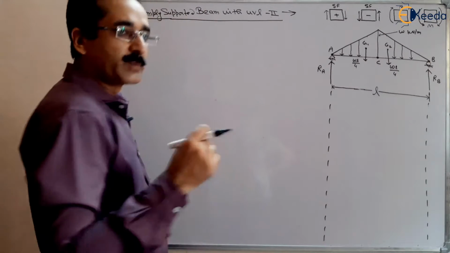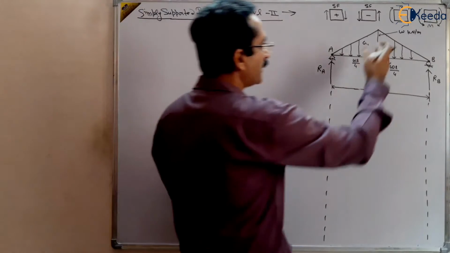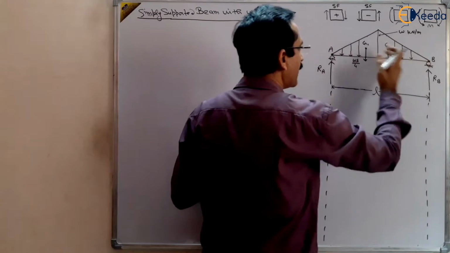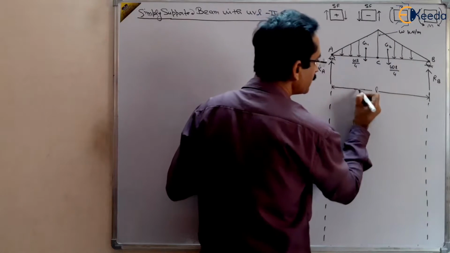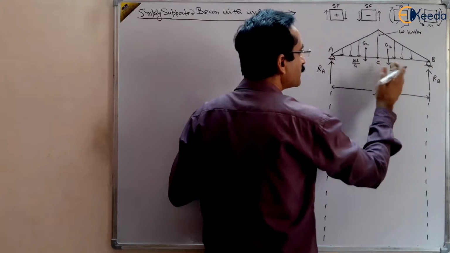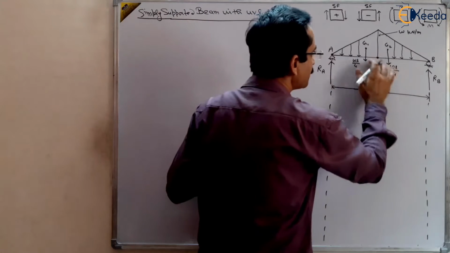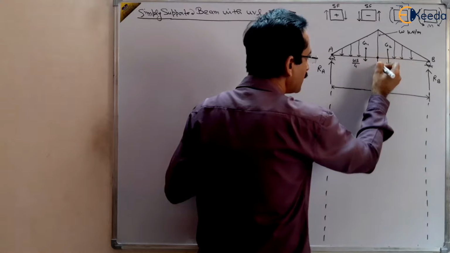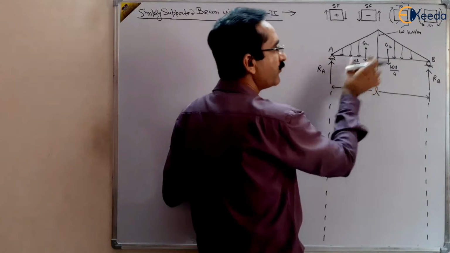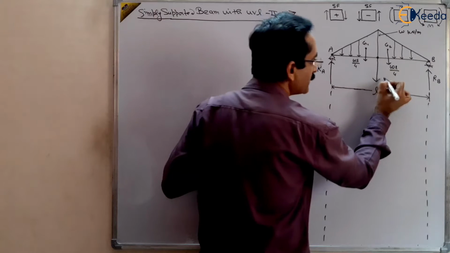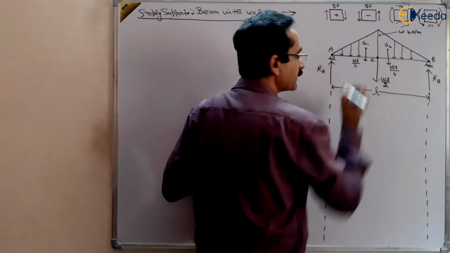But because there is symmetry, we can think that the total load of this system acts at the center of the beam. So rather than using each triangle, we use this symmetry concept and the total load. What will be the total load? WL by 4 plus WL by 4, so WL by 2 at the center.